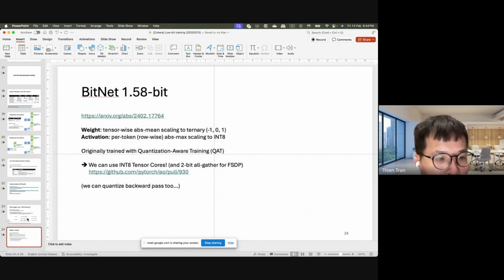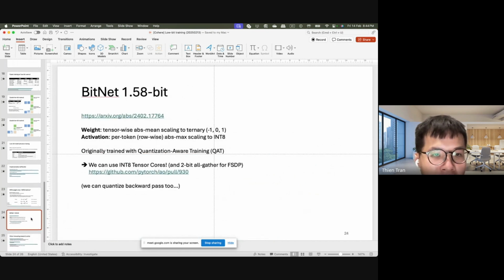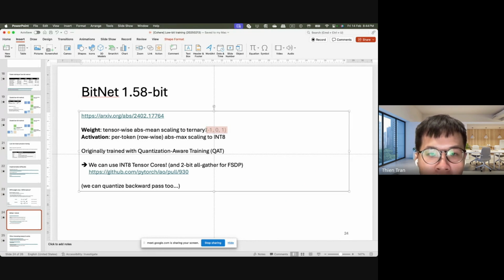And oh right, there's one slide about BitNet. I think BitNet got some attention last year. I won't talk too much about BitNet, but basically the weights are quantized into three possible values using tensor-wise scaling, and the activations use row-wise scaling to int8.